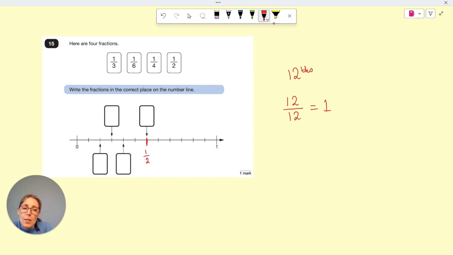And then I'm just thinking what a quarter of 12 is. Okay, if half of 12 is 6, then a quarter of 12 is going, right, if I divide a half by 2, then I should be able to divide 6 by 2.